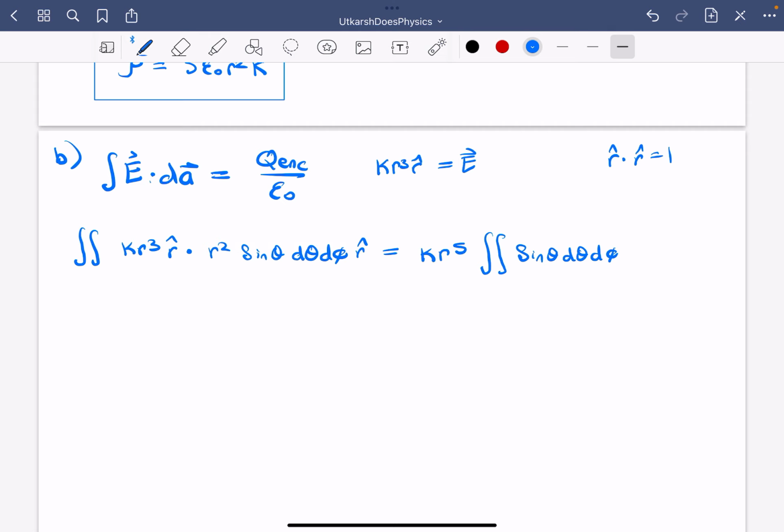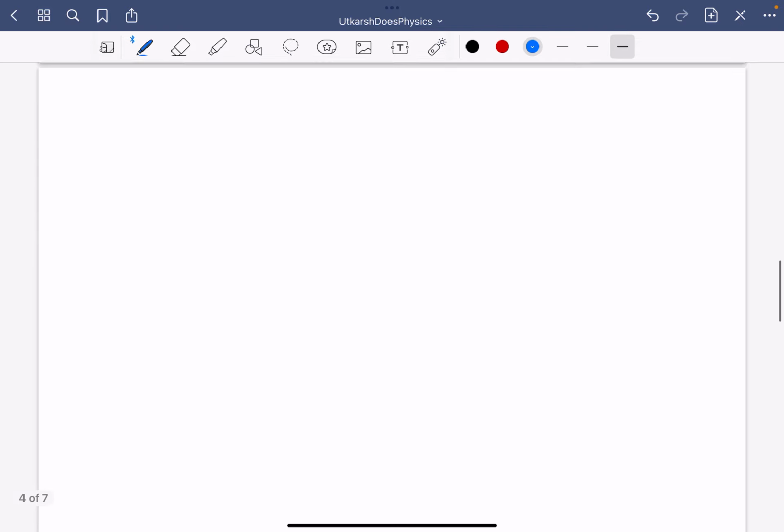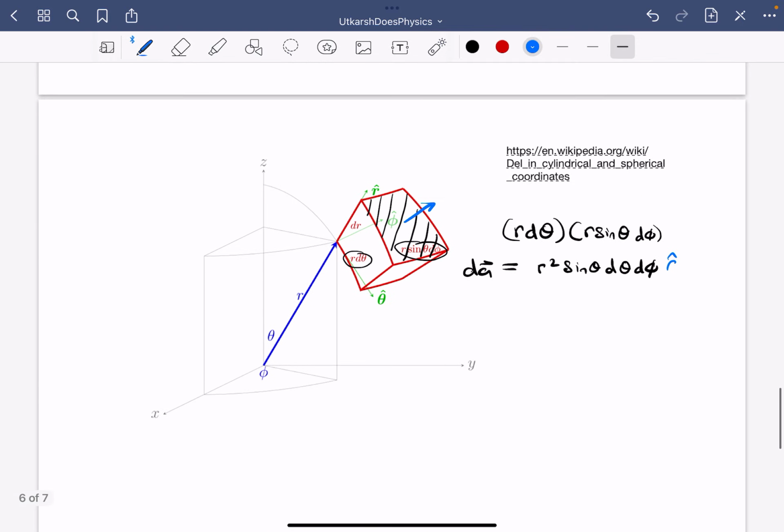Now, how do we choose the bounds for this integral? Well, notice here that we're integrating over the surface of a sphere, and that d phi goes in this direction. It's going around the circle. So it's going to go from 0 all the way around, which is 2 pi.